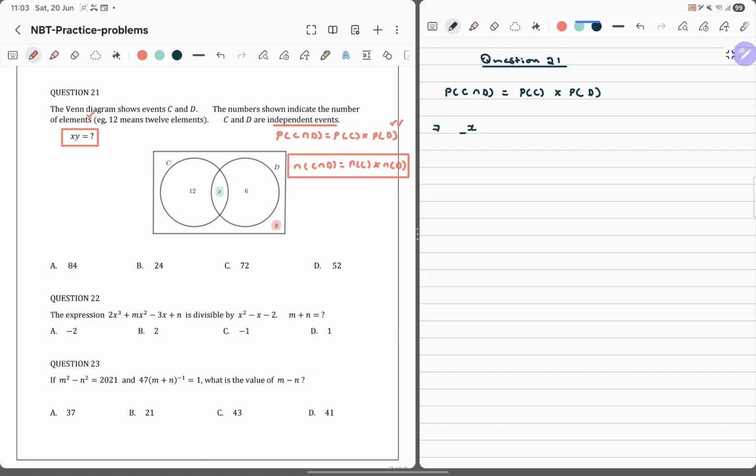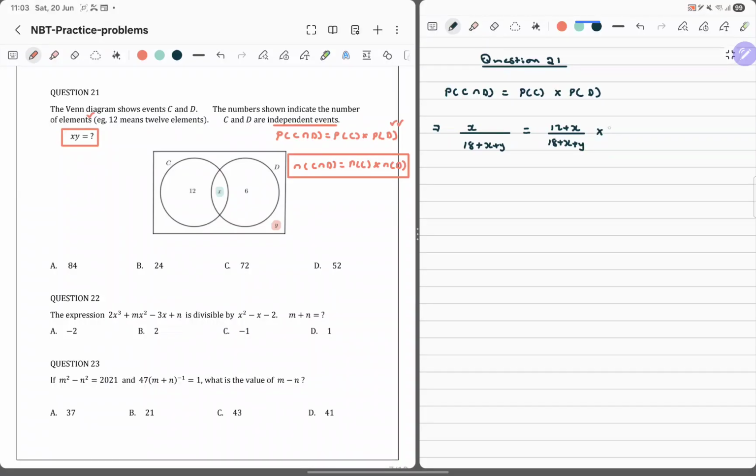Now, the number is x. The total is a bit strange. It's going to be all of these, 12 plus x plus 6 plus y. So we're going to get 18 plus x plus y as our total. This is equal to C, it's going to be 12 plus x over 18 plus x plus y.